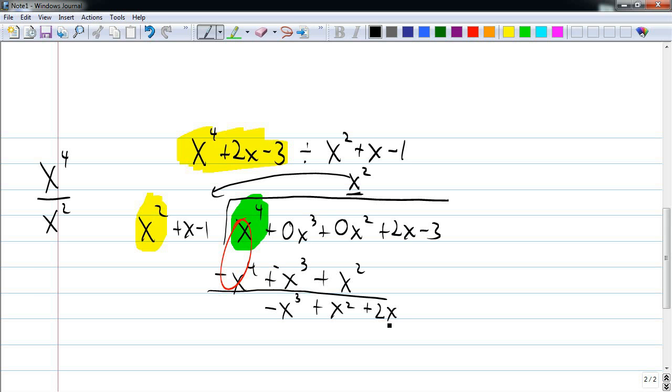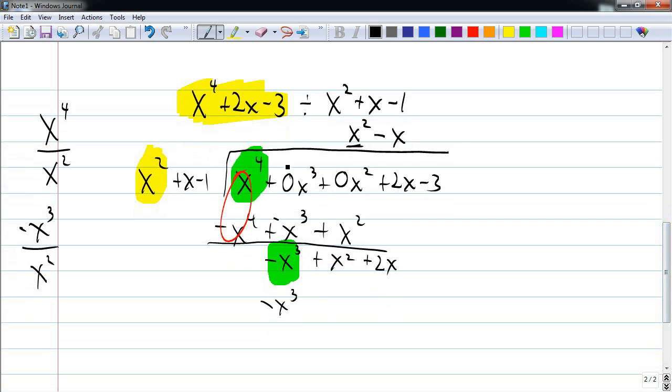Now I'm looking at these two terms. What is negative x to the 3rd divided by x squared? That's going to be negative x. Remember that this is a negative, so I'm distributing negative x over my divisor. Negative x times x squared is negative x to the 3rd.